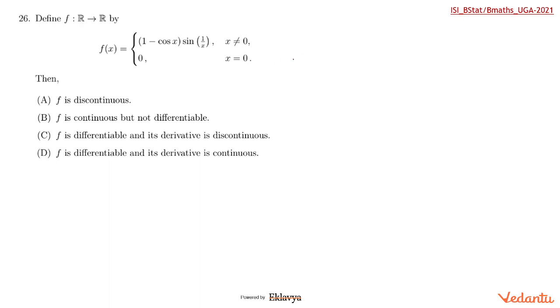So यहाँ पे first of all we'll check the limit of fx to get LHL, RHL. पहले तो continuity चेक करें. ये कह रहा है कि f ऑप्शन नंबर ए देखिए डिसकंटिन्यूस है या कंटिन्यूस है, क्या चेक करना है. तो यहाँ पे लिमिट हम निकालते हैं fx का x टेंडिंग टू 0 पे. तो ये आ रहा है लिमिट x टेंडिंग टू 0 1 माइनस कॉस x इंटू साइन 1 बाई एक्स.